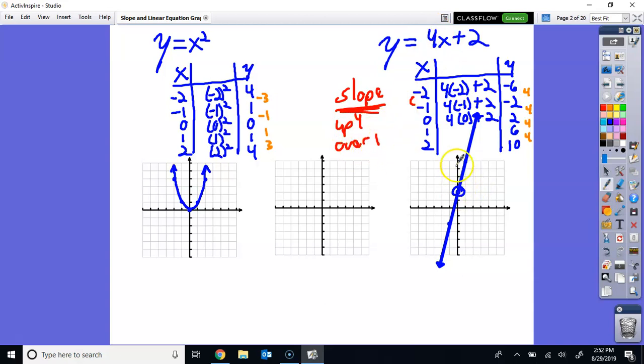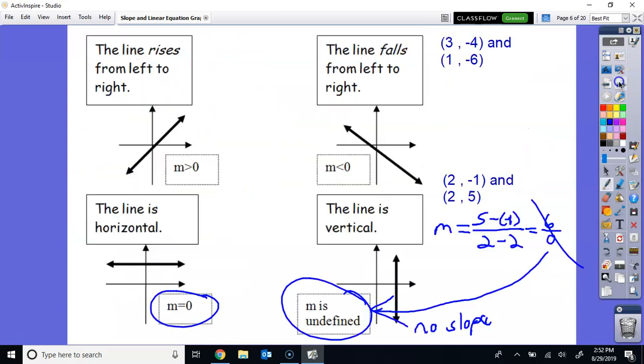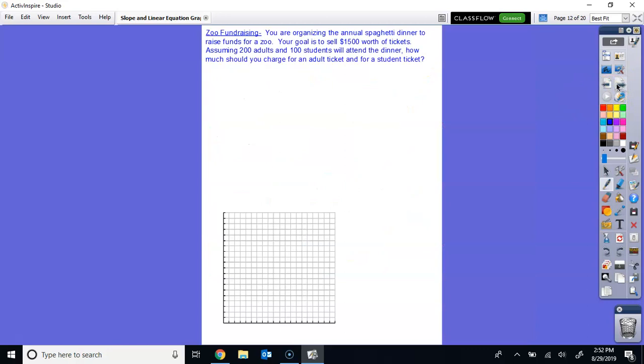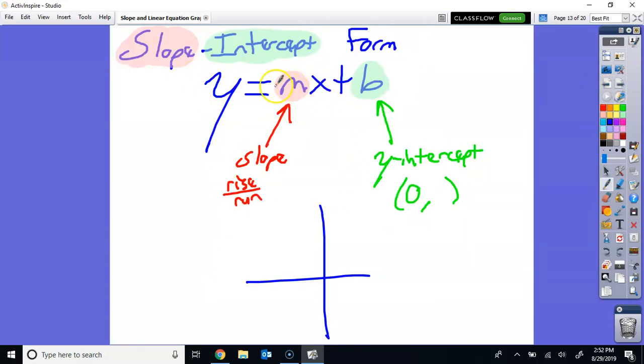So if you go up 4 over 1, you can see that this graph does that all the way across here, and you could follow those little stair steps to make an entire line. You only need 2 points to make the line, so you don't have to do it a bunch of times. So this right here is a really quick, easy way to graph problems when it is in this form, slope-intercept form.